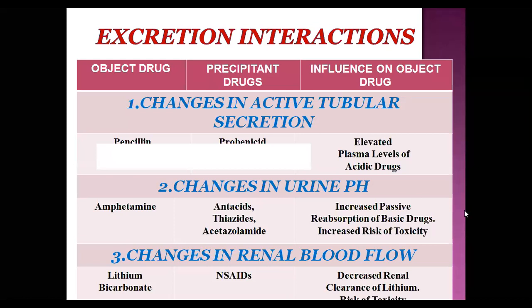These are some examples related with the excretion interactions: changing the urine pH, change in the renal blood flow, changes in the active tubular secretions. These are the pharmacokinetic interactions: absorption, distribution, metabolism, and excretion. These are some examples related with the parameters.